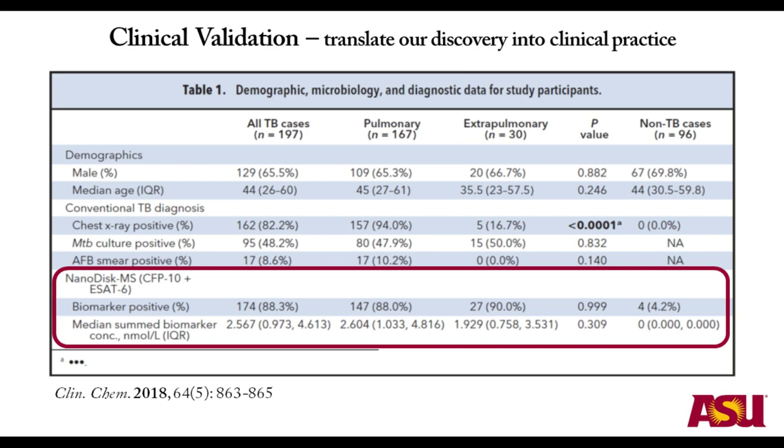TB. As you can tell, in pulmonary TB the assay reached a sensitivity of 88%, and in the extrapulmonary TB cohort we reached 90% sensitivity. So the sensitivity is pretty similar in these 2 cohorts.